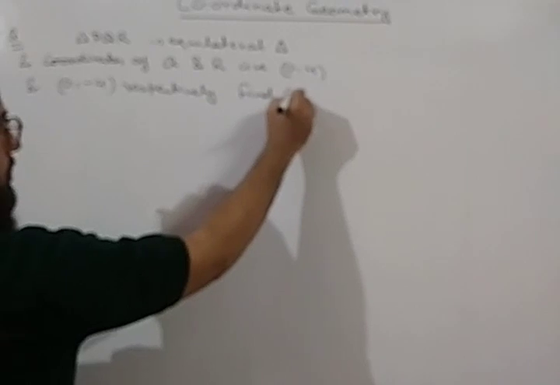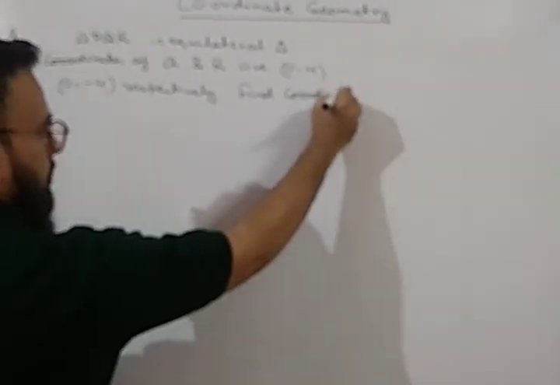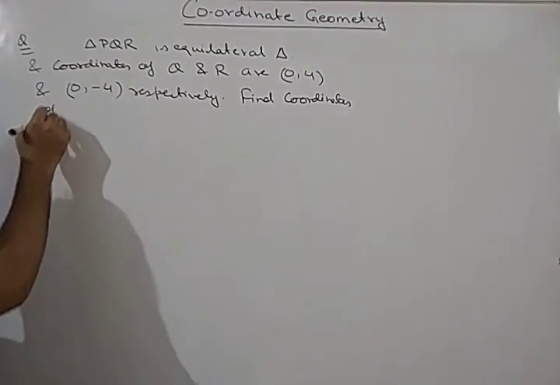Find the coordinates of point P, or find the coordinates of vertex P.